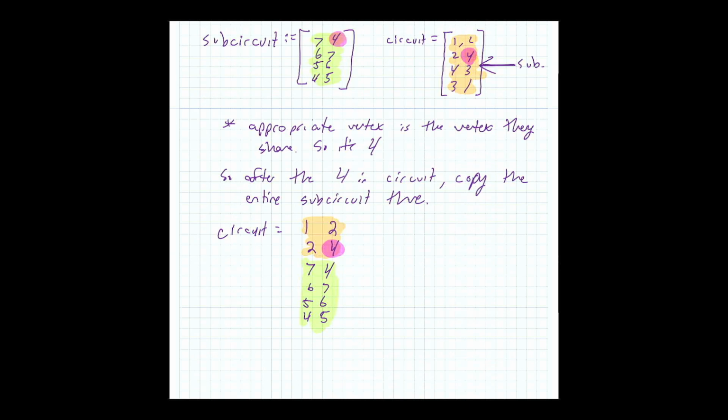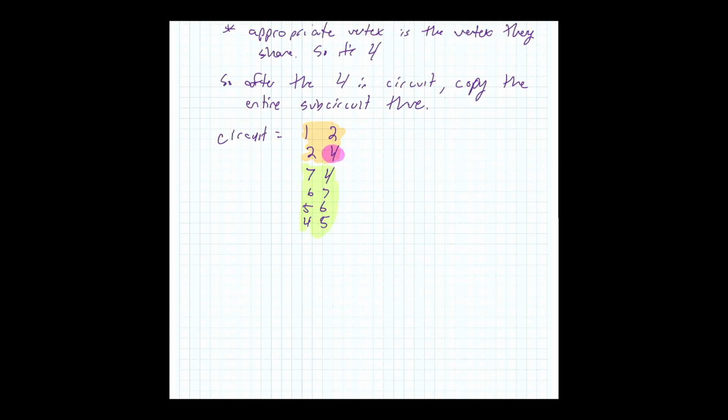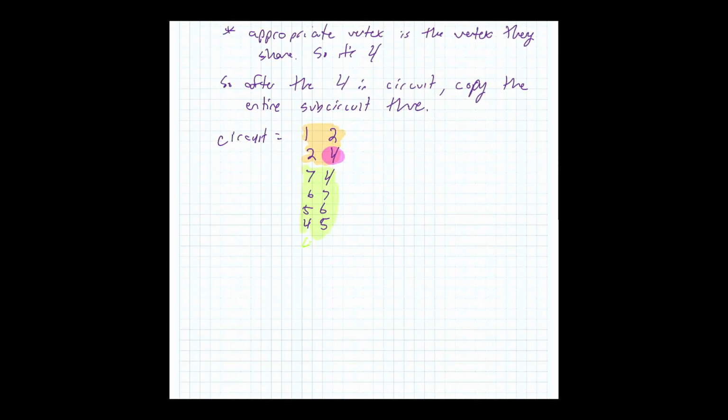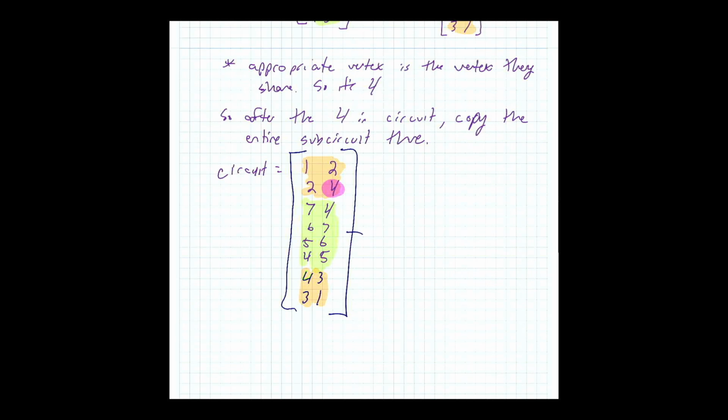And then after you do your subcircuit, you go back here and finish off the rest of the circuit. So 4, 3, 3, 1. Right? So this is where your subcircuit goes. Okay, now that's pretty complicated. This is all pretty complicated here, but this is what you do.